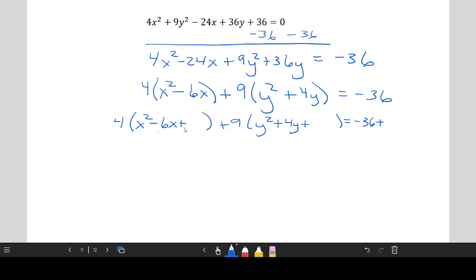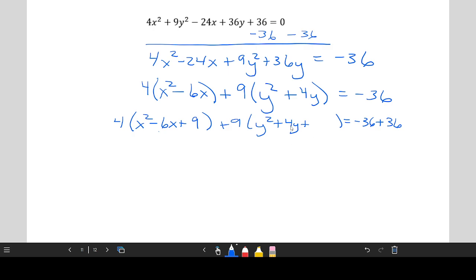And so half of 6 is 3, 3 squared is 9. So we need to add 9 here. And we didn't really add 9 to the left side, we added 9 inside here, and then it gets multiplied by 4. So we need to add 36 there to the right side.